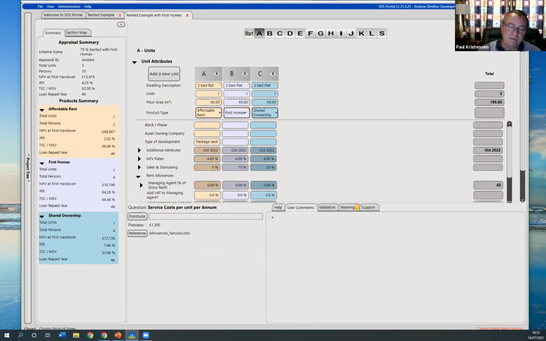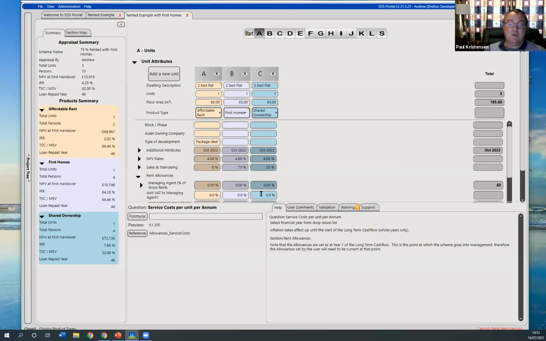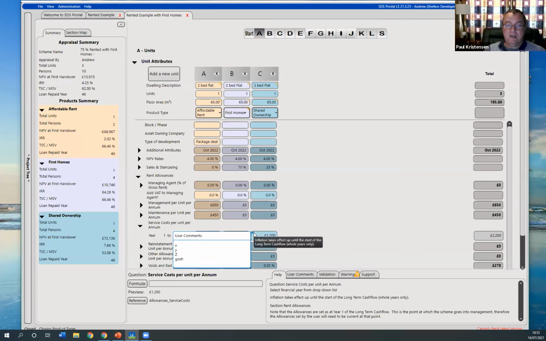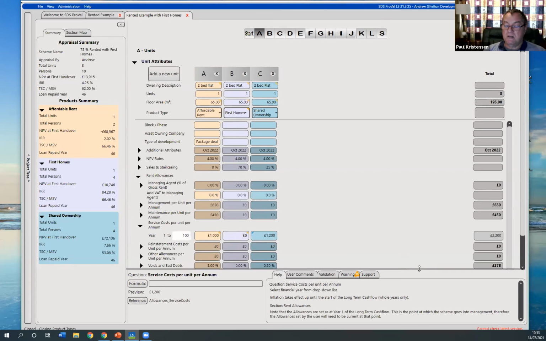So you can identify to somebody who's looking at the appraisal after you, and this invariably happens because it could be a few months since the last time you looked at the appraisal, and you could say the £1,200 is made up of £150 management fee, such and such an estate charge, and such a sinking fund portion, and there's a whole raft of stuff that can be part of that service cost. Of course, it's recovered as a service charge.